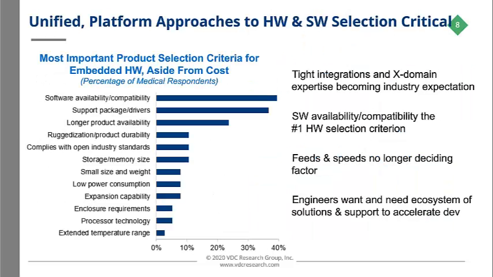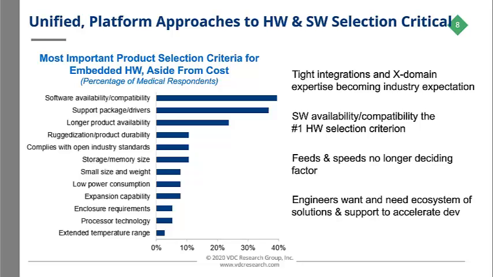So we've already talked about how technology use is changing, and certainly underpinning that, technology selection is evolving. Already we've seen medical device OEMs redefine the ways that they are selecting some of those building blocks for their products. And a perfect example of this has been the way that people are now selecting their hardware.